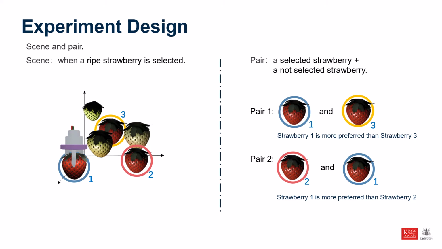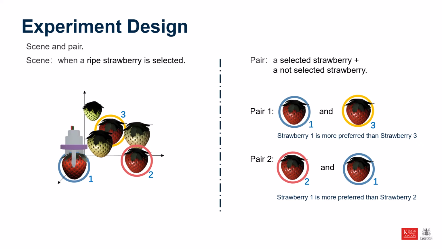To simplify the description of each scene, the selected strawberry in a certain scene is then paired with all the other ripe strawberries in the same scene. The choice made by the user means there is always a preference between each pair of strawberries.